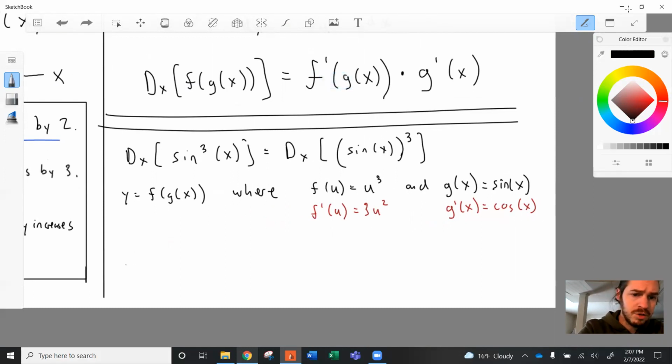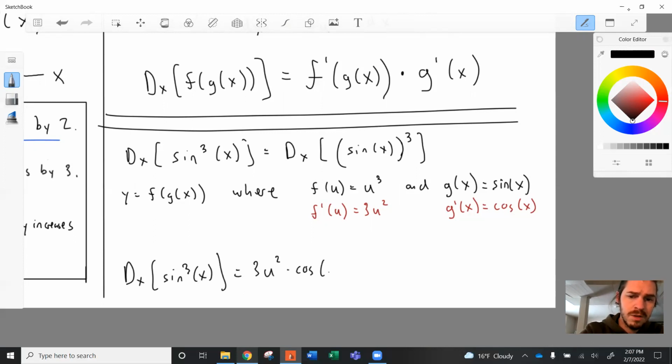So the derivative that we're looking for of sine cubed is going to be, you could say, 3u squared times cosine of x. That's just multiplying those two derivatives together. But we want this in terms of x, because it was presented to us originally in terms of x. So we want to finish in terms of x.